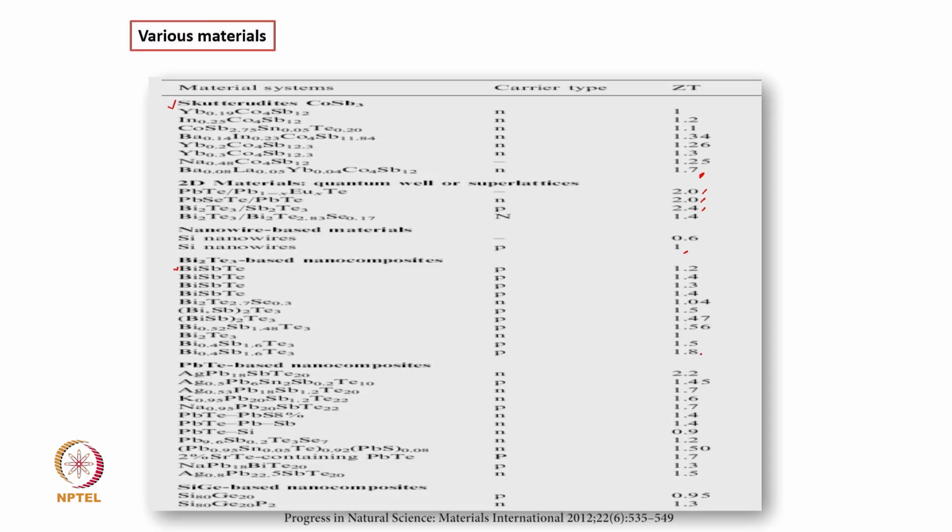Typically, around 1.8 is the maximum one, okay, but in lead telluride nanocomposite one can see a reported value of around 2.2. Silicon germanium based nanocomposites have also been prepared, and a typical value of 1.3 is found.